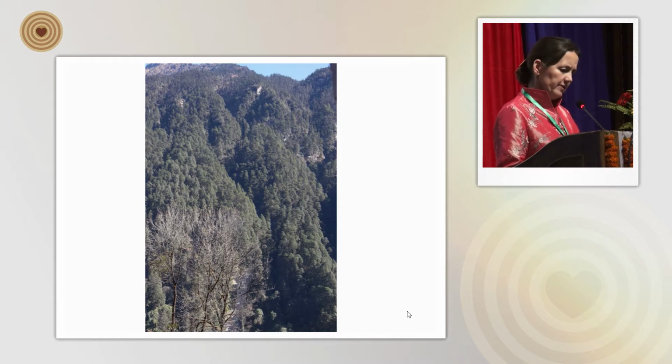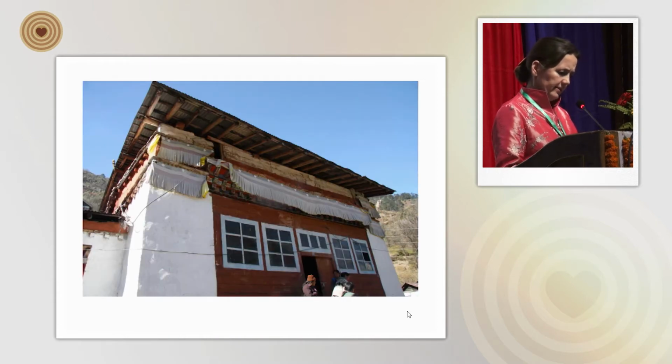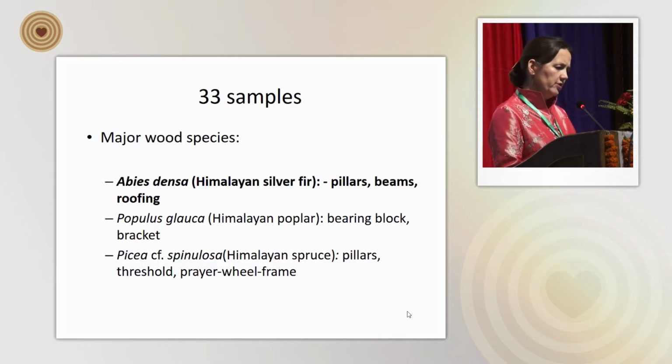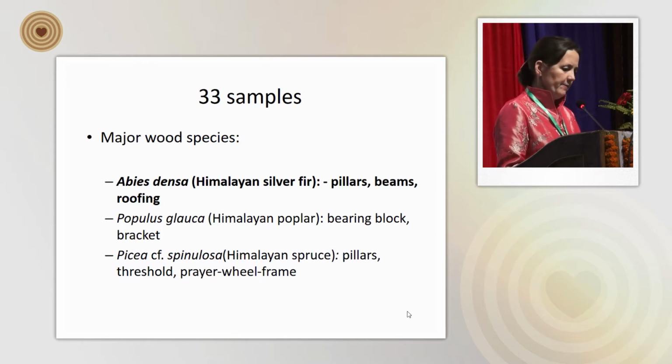There are many conifers, and in this little temple we took 33 samples, and the main tree species is this Himalayan silver fir, Abies densa, and then also there was a use of Populus glauca, Himalayan poplar, and a kind of Himalayan spruce, and some other wood species.